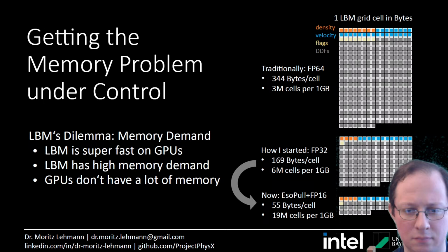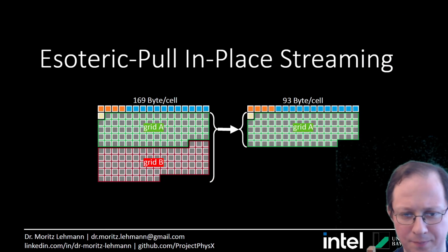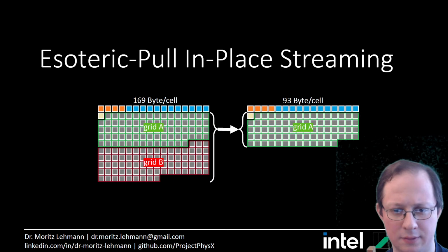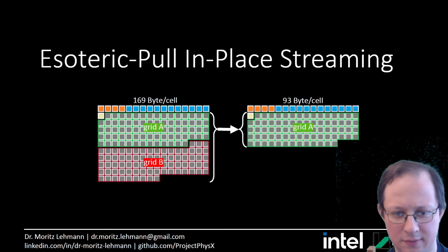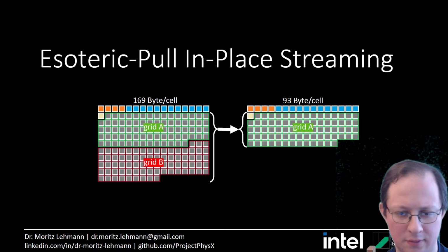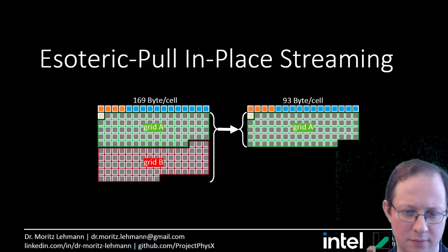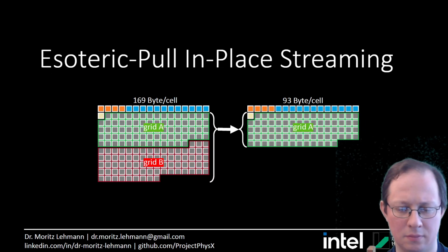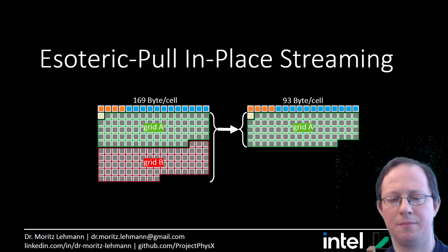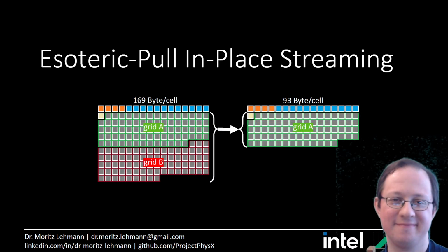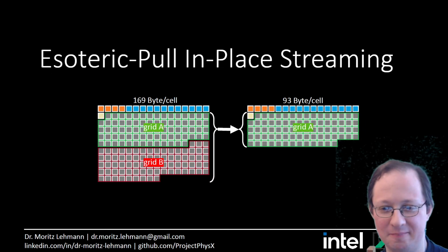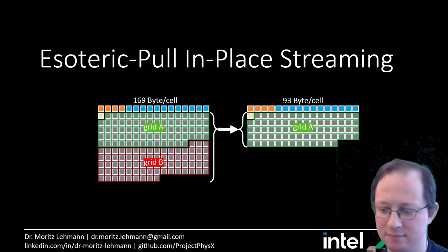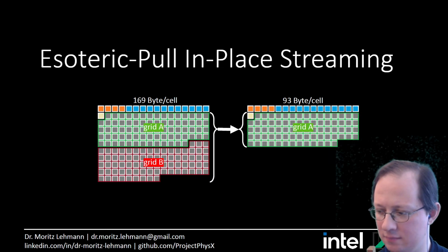If you go to the next slide, that is the esoteric pull in-place streaming scheme. The idea is that traditionally you need 2 copies of the density distribution functions in memory, which is even worse. The 2 copies are required because there are data dependencies between neighboring grid cells. If you imagine all of the grid cells get updated at the same time, but in a slightly random order, and you overwrite one grid cell, but then the neighboring grid cell tries to read the value of its neighbor, has it been updated or has it not been updated yet?